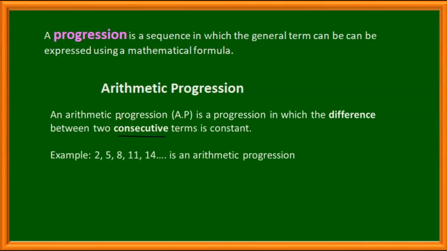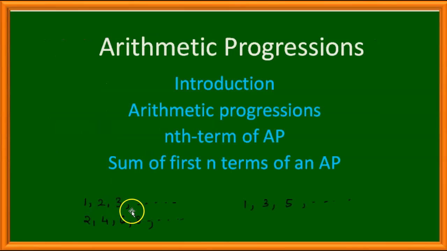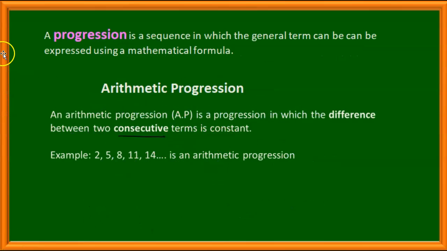Consecutive simply means nearby terms, a number near to the other one. Both these together are consecutive terms. In the previous examples, several numbers were written separated by commas. Each number in this sequence or series is called a term. That is why it says consecutive terms.